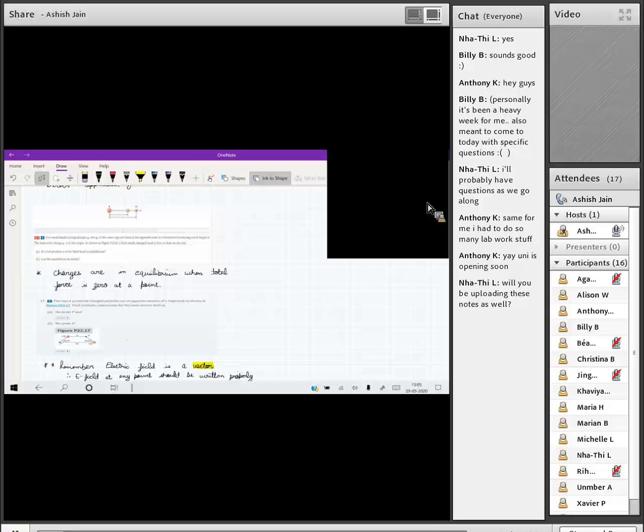Then at what position x is a third bead in equilibrium? The point to emphasize here is that the charges are in equilibrium only when the total electric force on the charge is 0. That is the point of equilibrium.